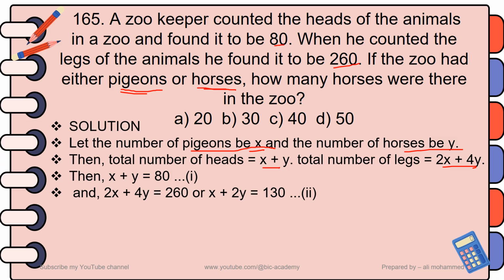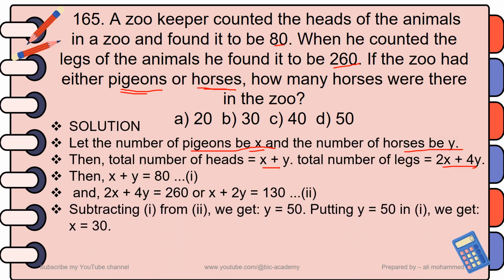Having equation 1 and equation 2, simultaneously you can solve for x and y. The value for x is 30 and the value for y is 50. You can use the simultaneous equations formula to get the values of x and y.